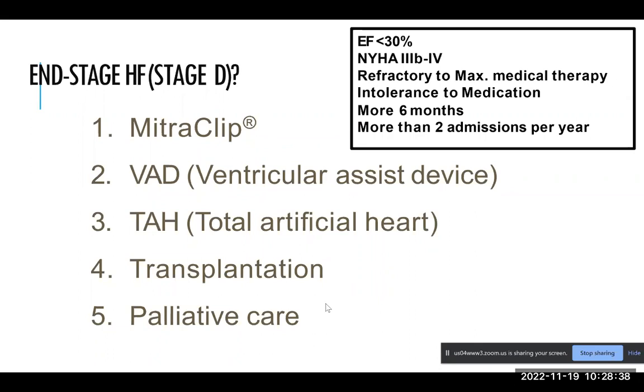And for end-stage heart failure, special workup and special procedures like mitral valve clipping, LVAD, total artificial heart, transplantation, or palliative care. You will have a special session about heart transplant and advanced heart failure treatment at a later lecture.